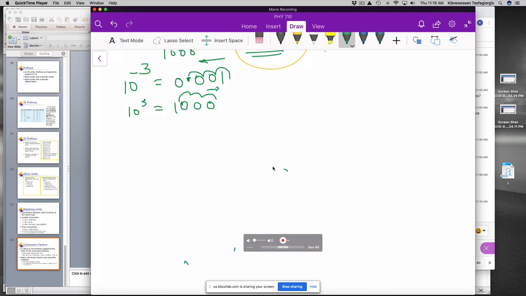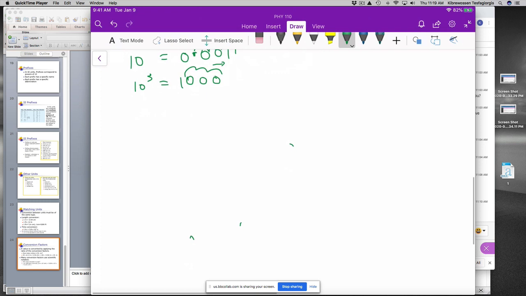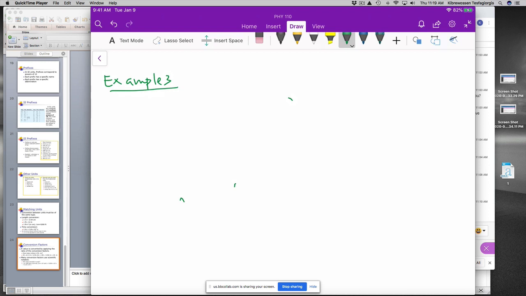So now let's challenge ourselves with a better example. This is going to be our example 3, and I want you to convert, let's say, 36 kilometer over hour.